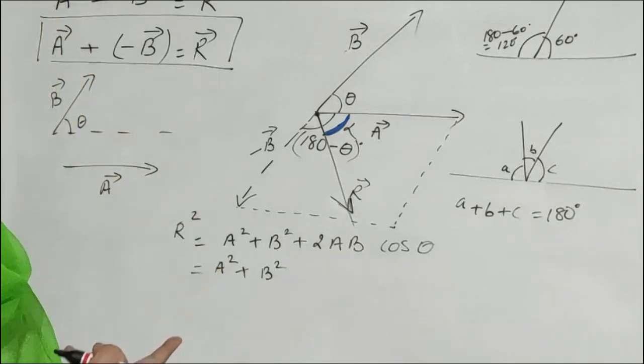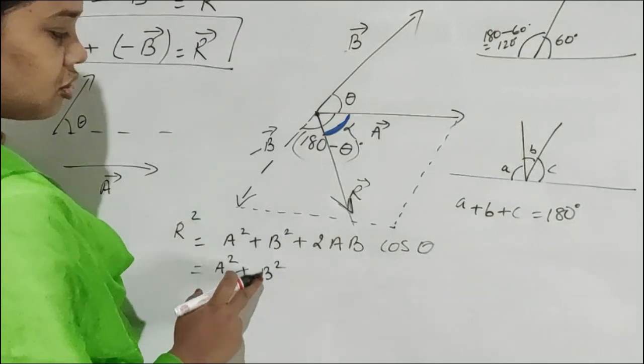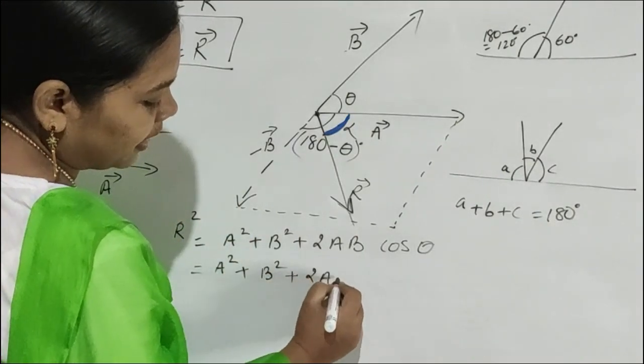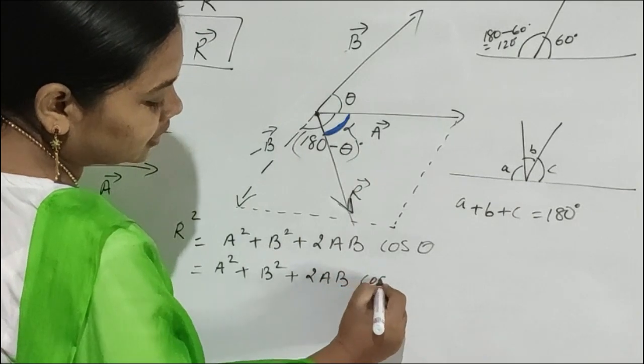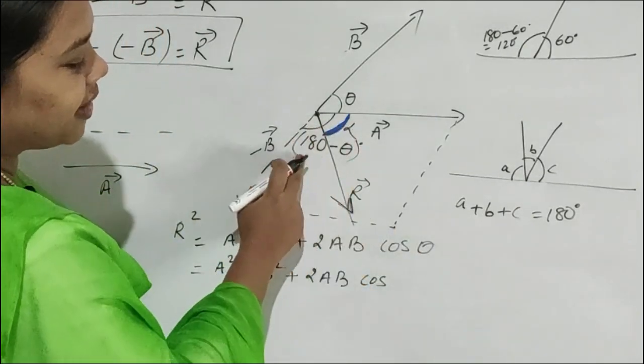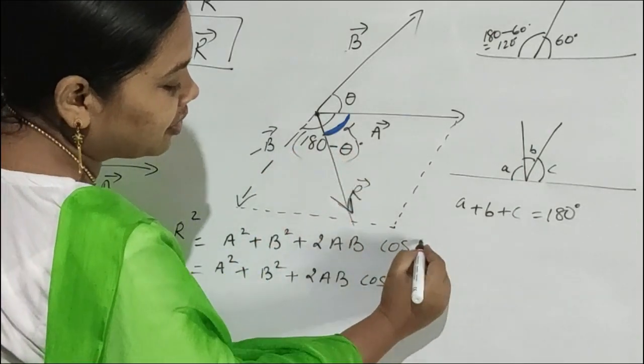I will tell one thing: I already said the magnitudes of vectors are always positive. That's why positive will come, plus 2AB cos theta. Theta here means what? What is the angle between both the vectors? 180 minus theta. Okay, so here what you have to write?